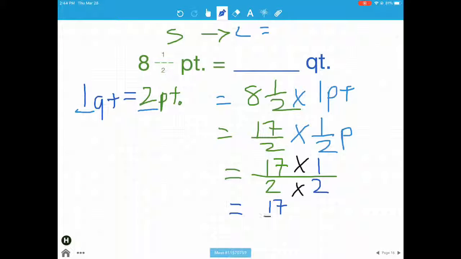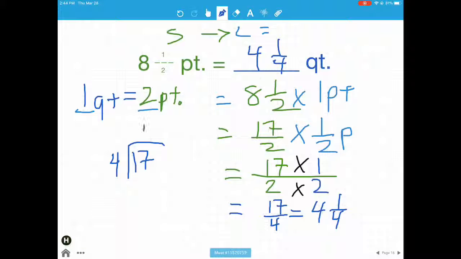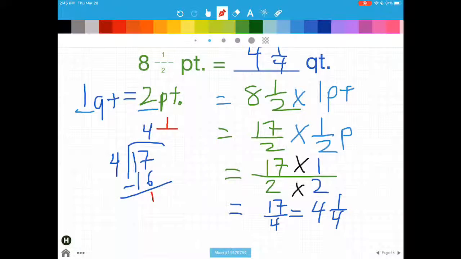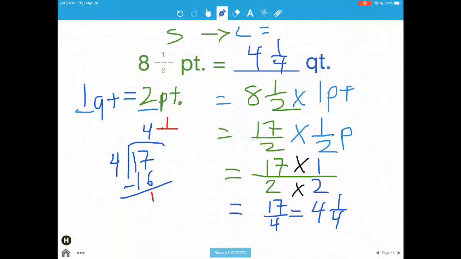So it's going to be 17/4, which can be written as 4 1/4. Again, 17 divided by 4. Four and 1/4.